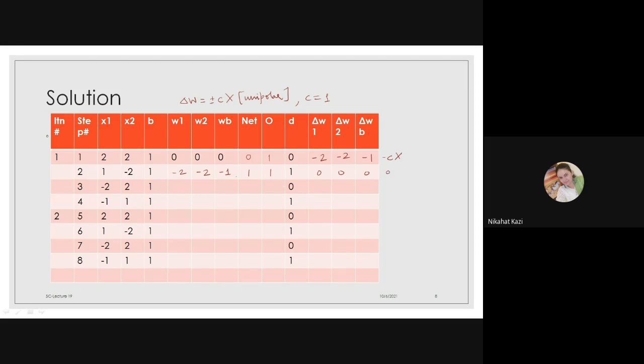Next, the weights will remain the same. Okay, compute net value: -2 into -2 is 4, -4, -1. Correct?